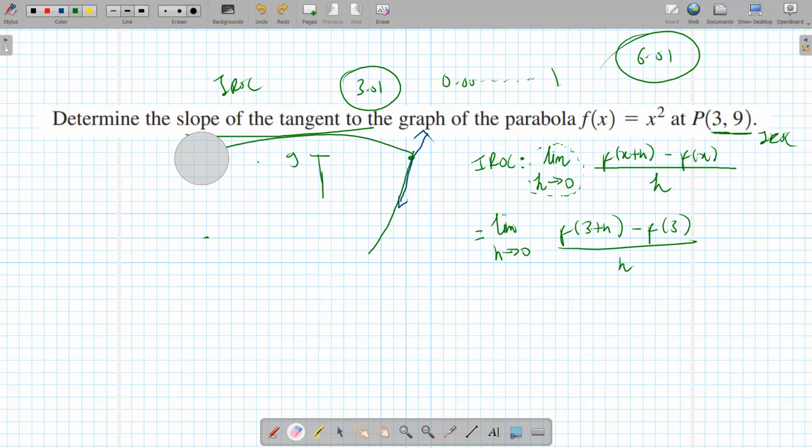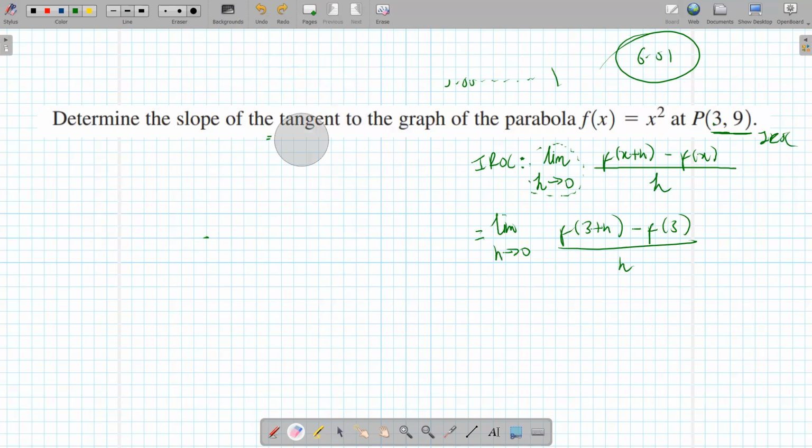Let's do this on the side. If f of x is x squared, what is f of 3? 9, yeah, exactly. So f of 3 is just simply a 9, right?